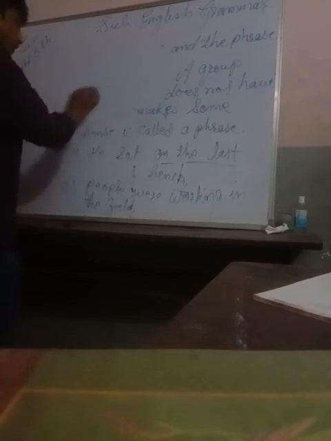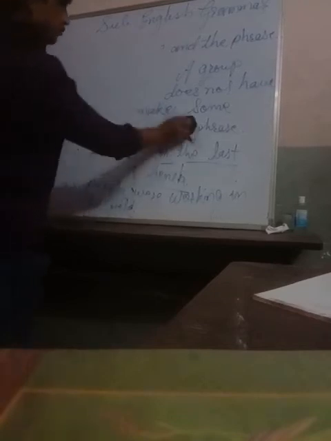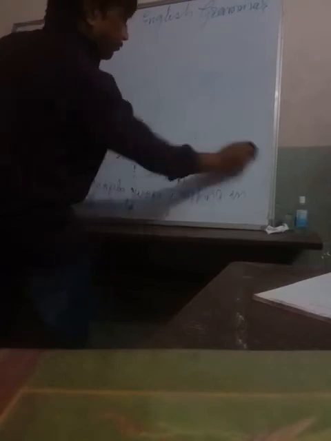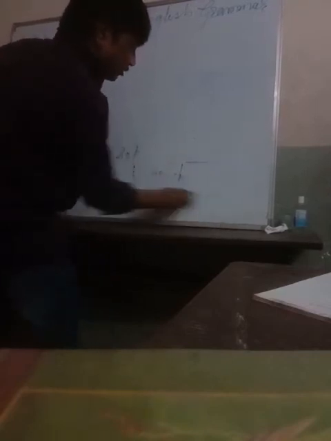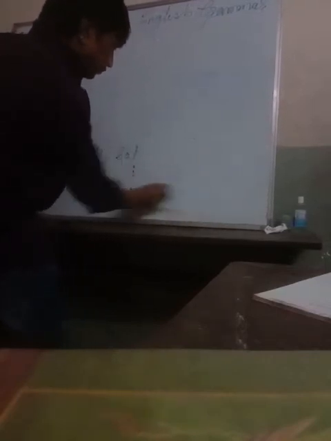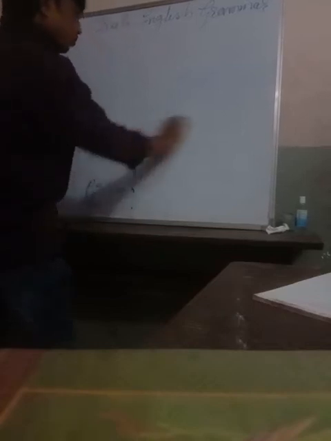We are going to move to another part in this topic only. This topic contains another part, and what is that? Subject and predicate. We are going to learn the subject and predicate also in this part. That is also very easy to learn.